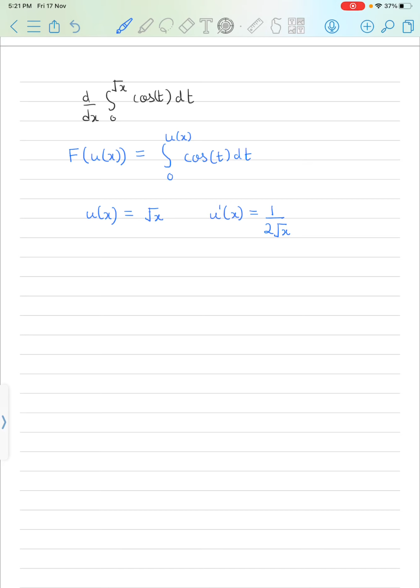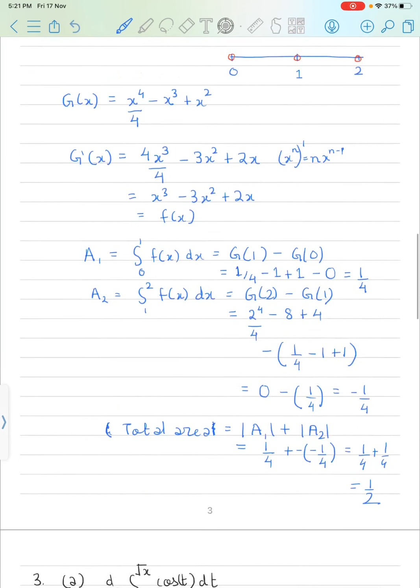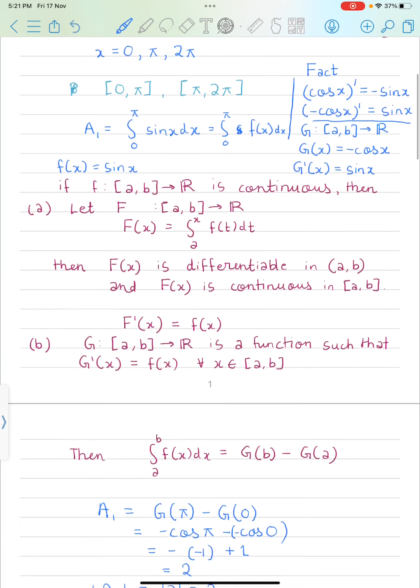Cos is a continuous function, so now I'm using the fundamental theorem of calculus.